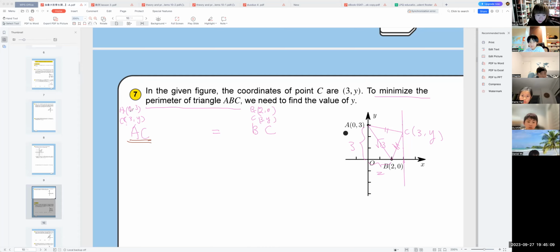This is very easy. So 0 minus 3 squared plus 3 minus y squared, right? I think we have calculated all of these numbers in practice earlier.